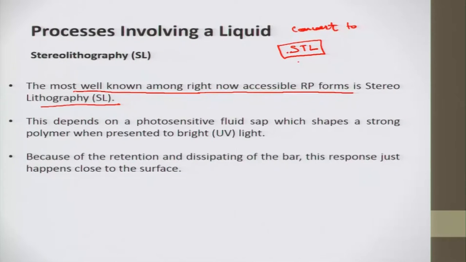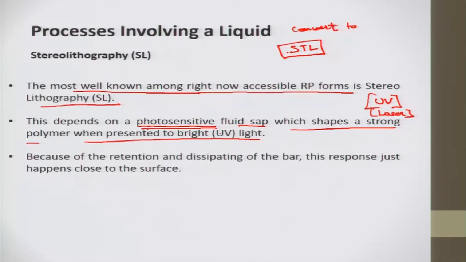This process depends upon a photosensitive fluid resin, because the fluid is to be cured in some photosensitive way, mostly UV light, and in some other cases laser light can also be used. So, a photosensitive fluid is required, which shapes a strong polymer when exposed to bright UV light.